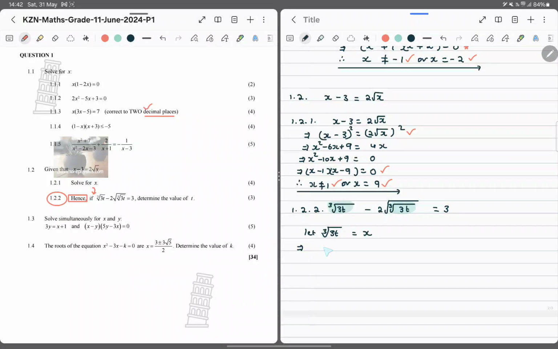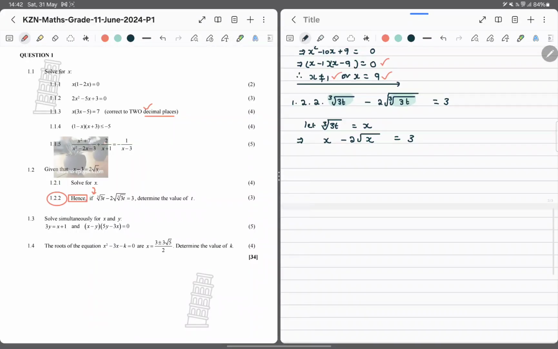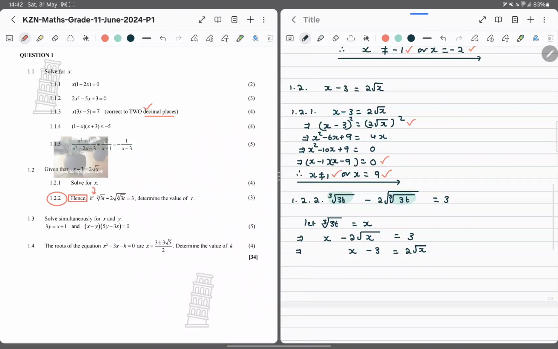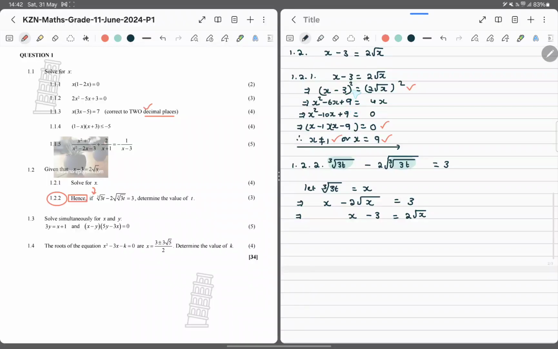This implies that we've got x minus 2 root x equals 3. Then we arrange it so that it looks exactly like it was above. Then we end up with x minus 3 is equal to 2 root x. Can you see? Now we know this is the equation, and we're not going to do all the gymnastics.